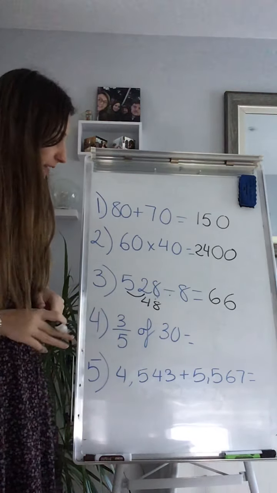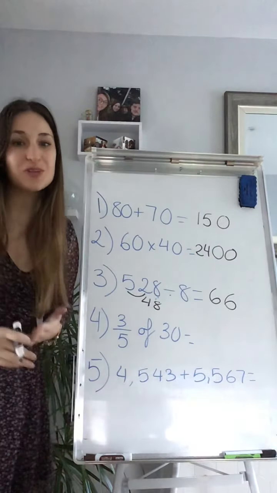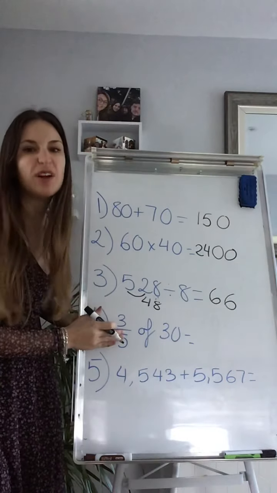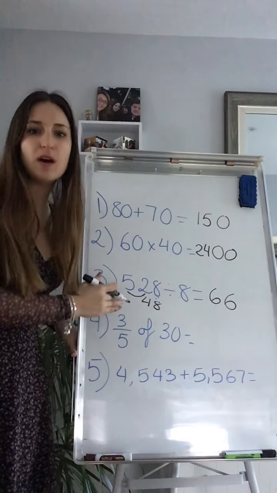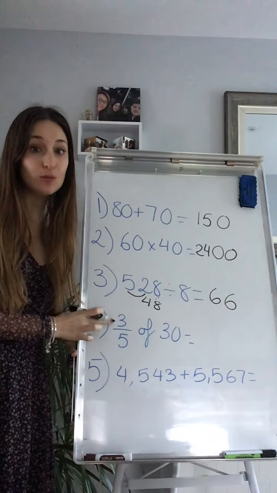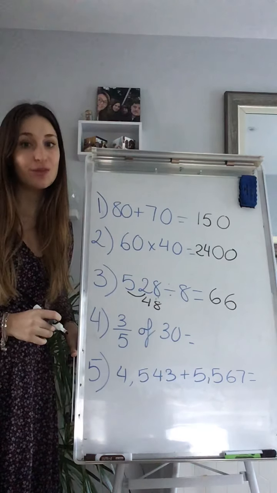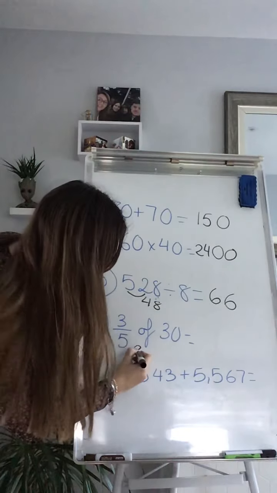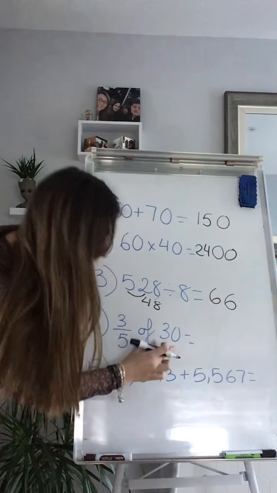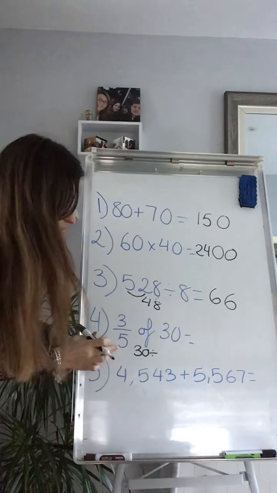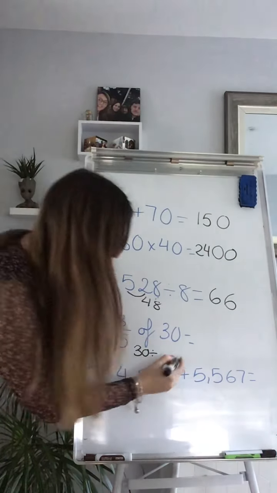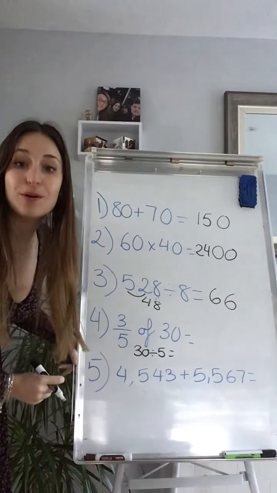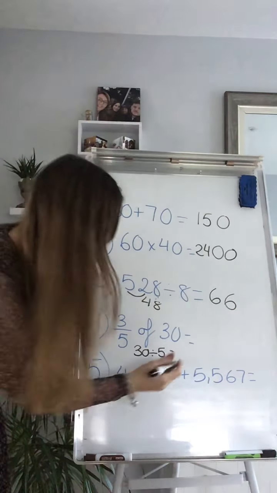I'm going to go to my next one. This one's a little bit trickier. We've been doing them previously in the class with 1/5 or 1/6 or 1/3. Now we have 3/5. So the first thing that I can do is get my whole, which is 30, and divide it into 5 equal parts. And I know that 30 divided by 5 is 6.